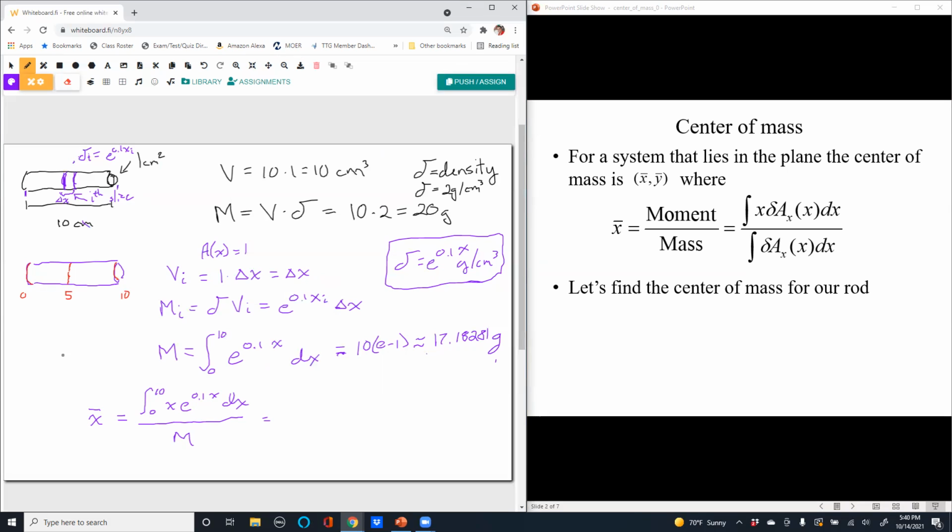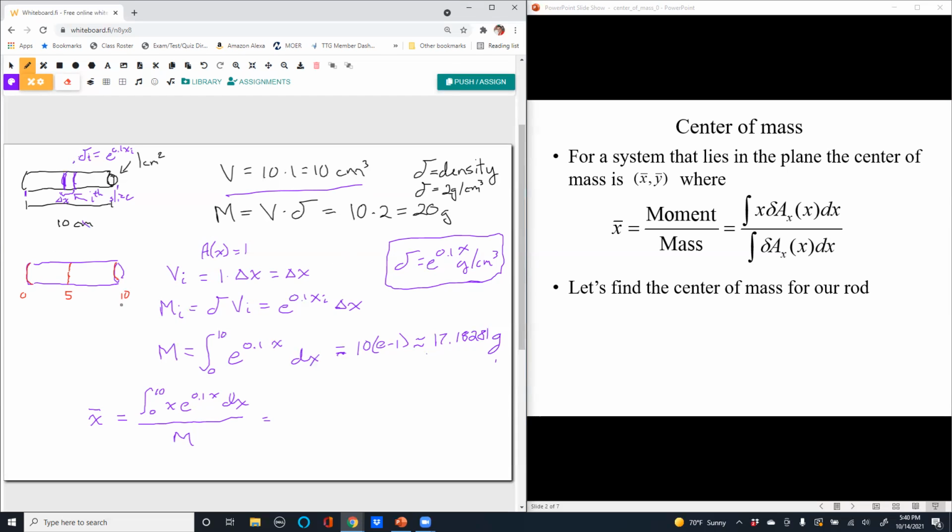This is just using some intuition based off the fact that our density is an increasing function. So think about, is the density going to be bigger to the left of 5 or to the right of 5? Or is it going to be the same? If the density is the same on both sides, the center's in the middle. Just like our first example, if the density is constant, the center of mass is right in the middle of the rod. Now we don't have a constant density.